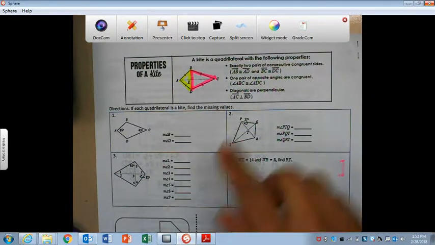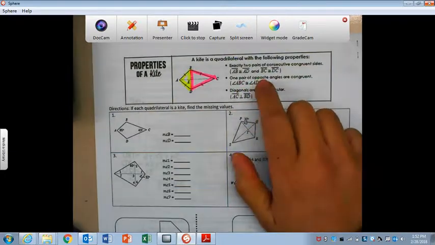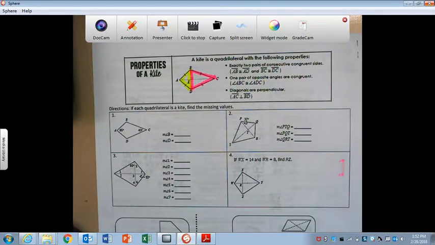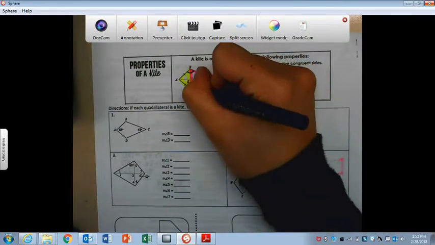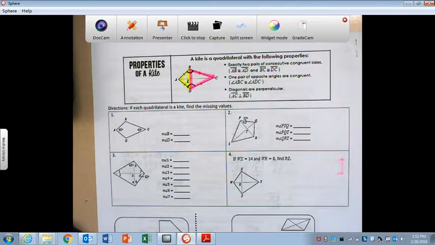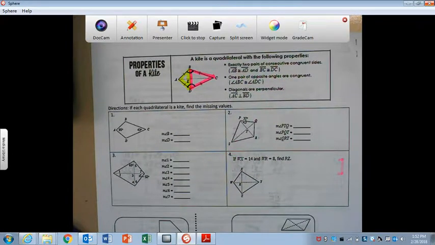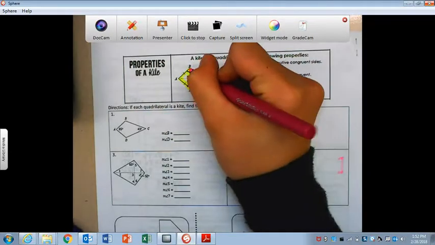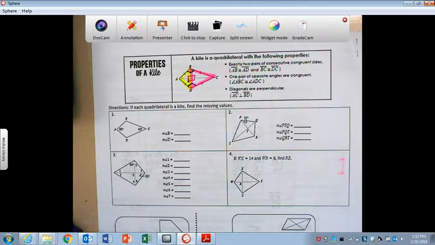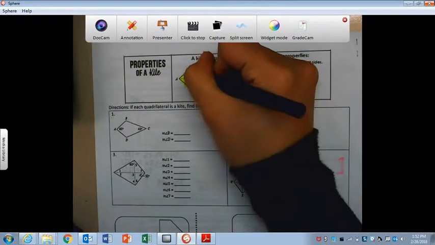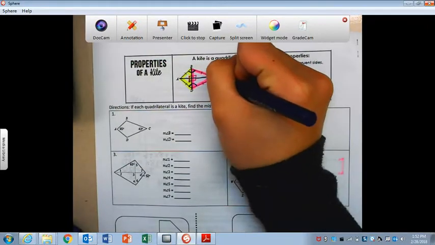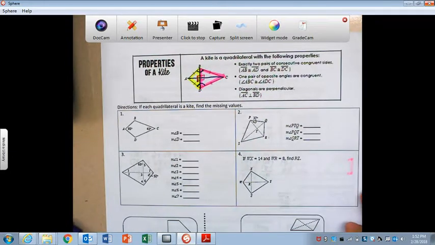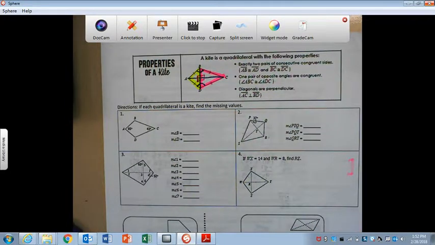You have one pair of opposite angles congruent, so your congruent angles would be right here. Diagonals are perpendicular, so it's a good thing to put all those boxes right away in there. I'm going to make this a little clearer so you can see what I'm talking about. So those are your diagonals in a kite, and again, remember, they are perpendicular.